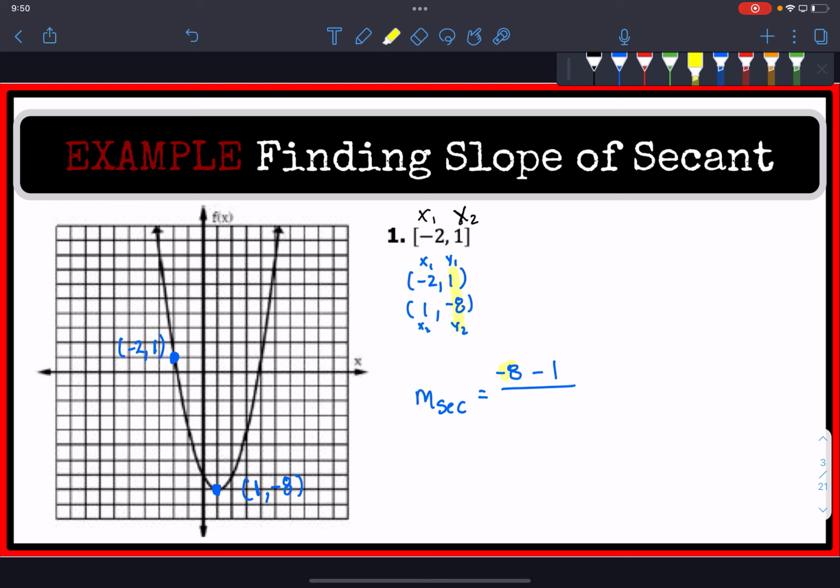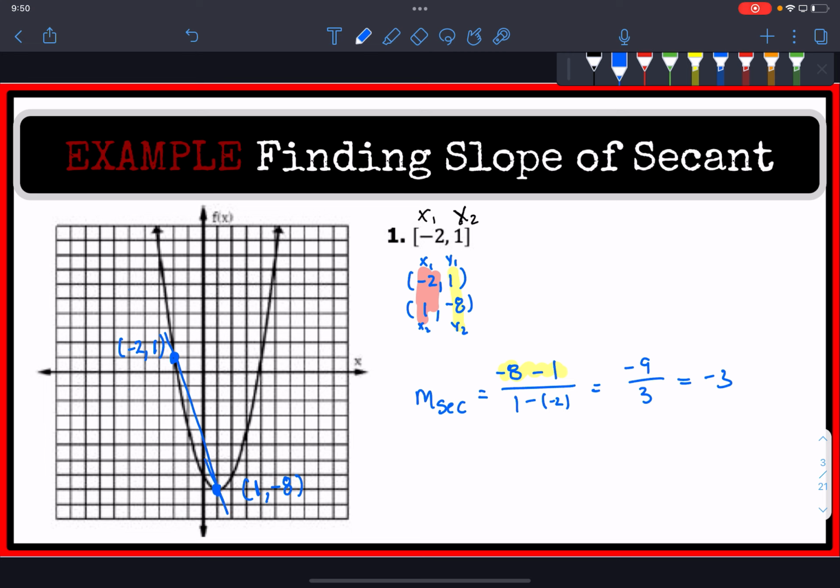That's all I've done right here. And then x2 minus x1, so 1 minus negative 2. So we have negative 9 on top, positive 3 on the bottom, and this divides to negative 3.